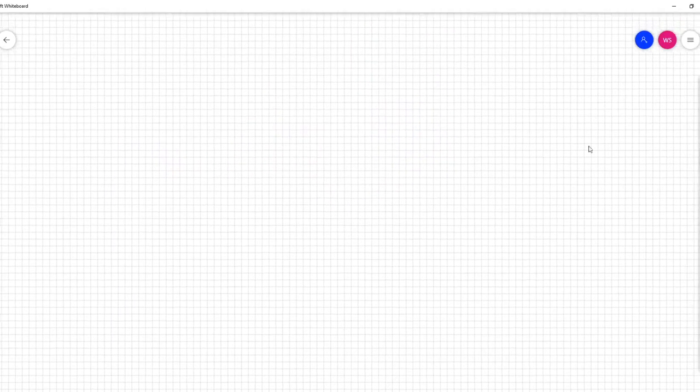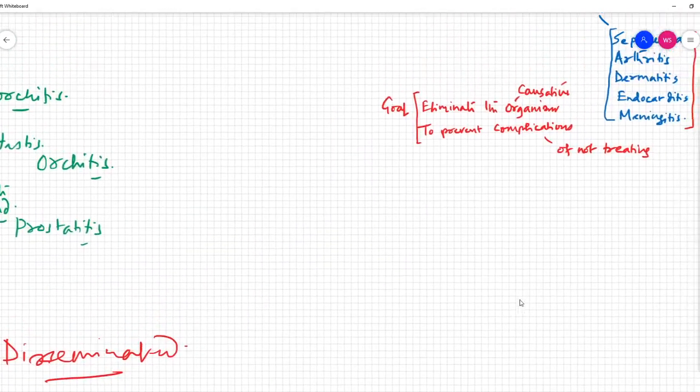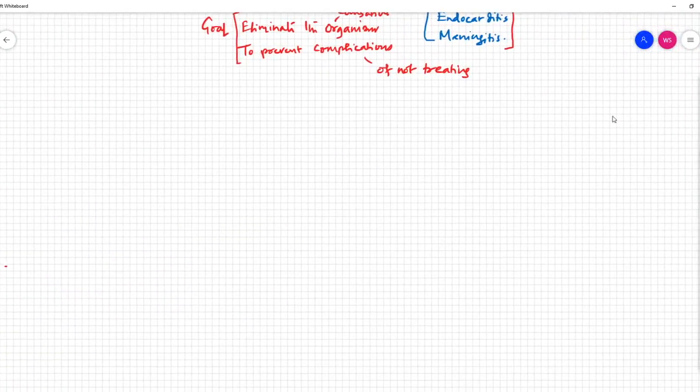That has resulted in selection of certain classes of drugs which form the regimen. Let's look at what is the regimen for gonorrhea, the drug regimen.